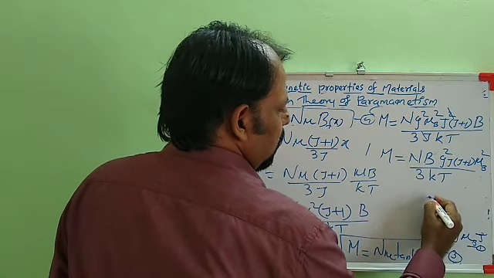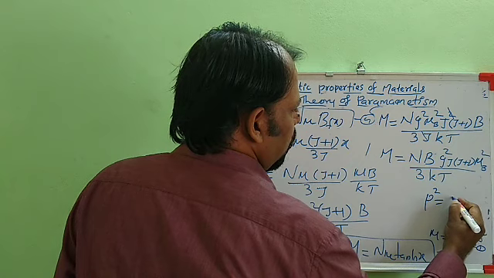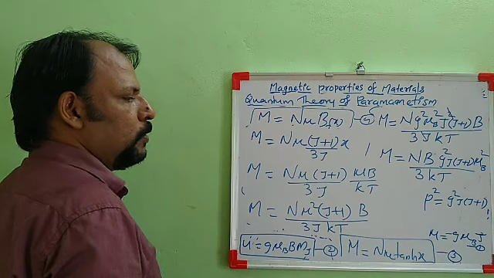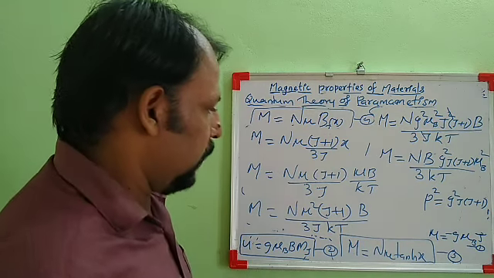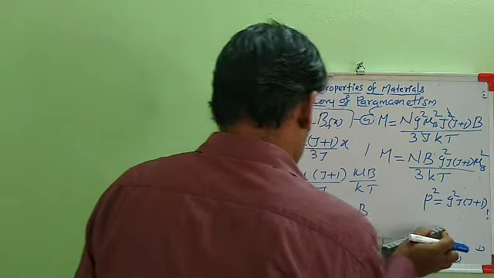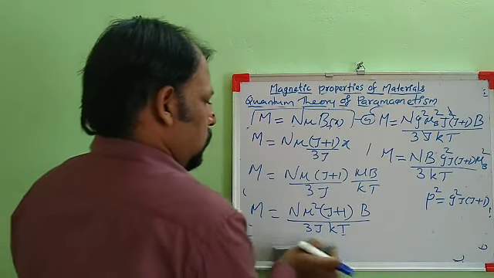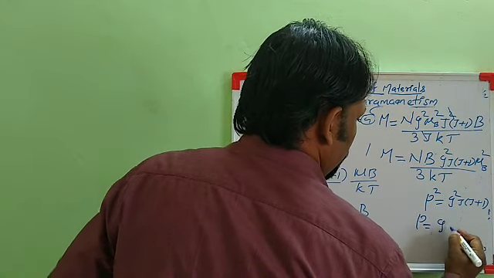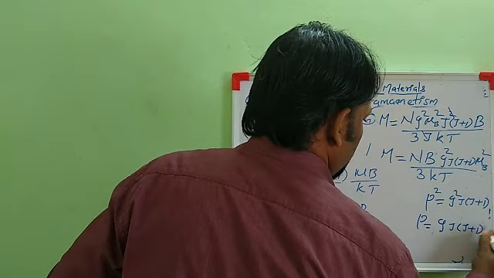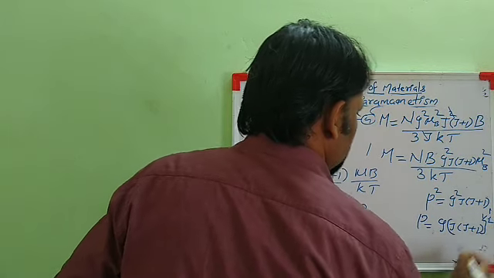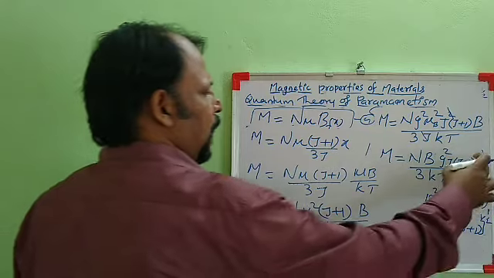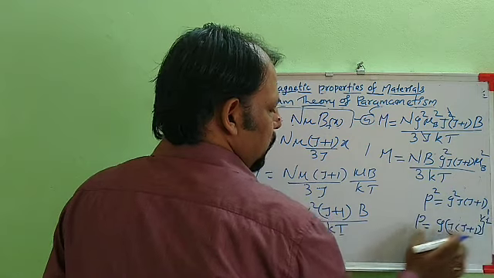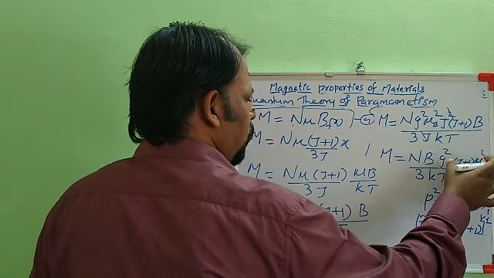And we are giving on substitution, let p square equal to g square j into (j+1). Then p will be g into (j+1) the whole raised to 1 by 2, which is called the effective number of Bohr magnetons.